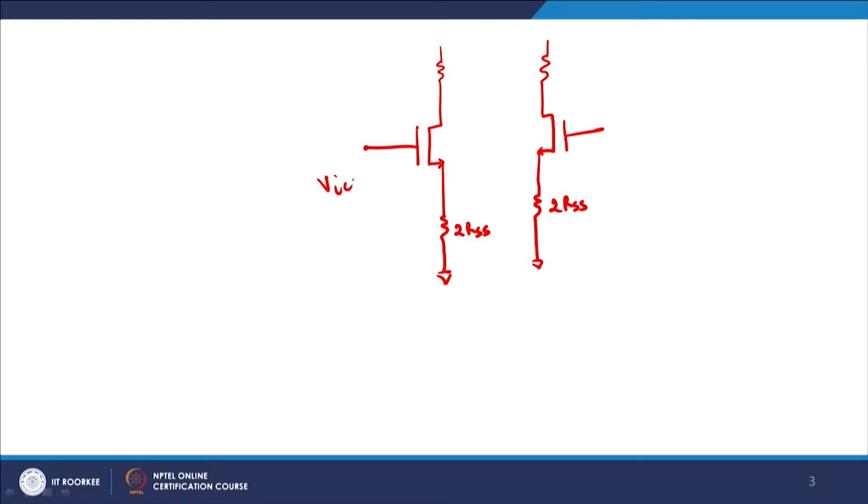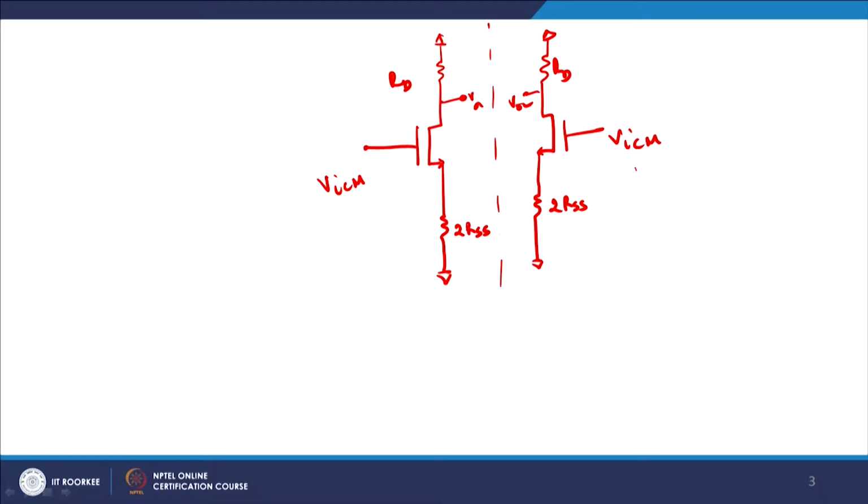So assume that I have given VICM here, I have also given VICM here, this is RD, and I have put across this concept here and try to find out the output voltage. So this is V01 and this is V02. This is basically my half circuit here. So why is it RSS by 2? Because we have divided into two parts and we got RSS by 2 as the overall signal.